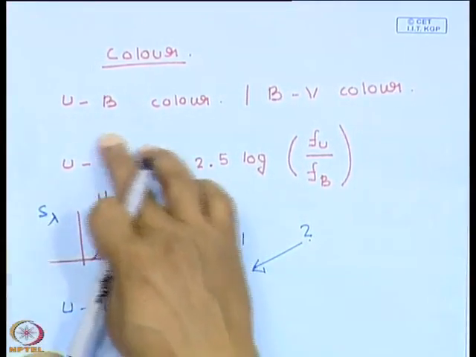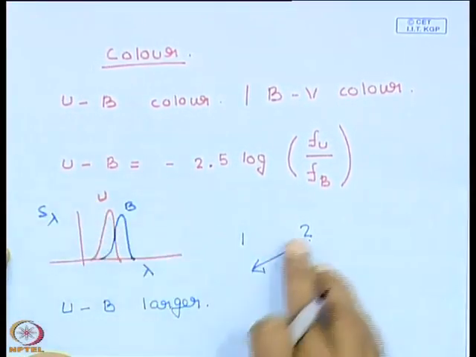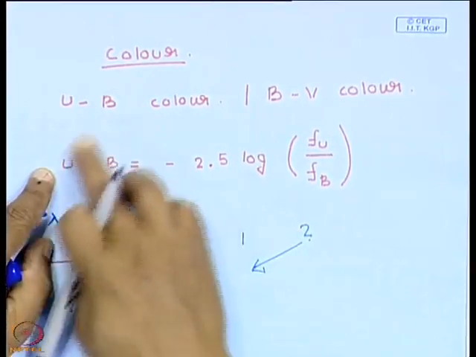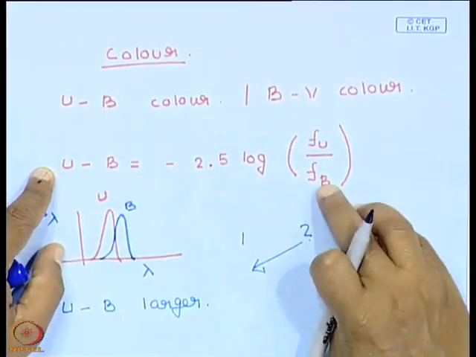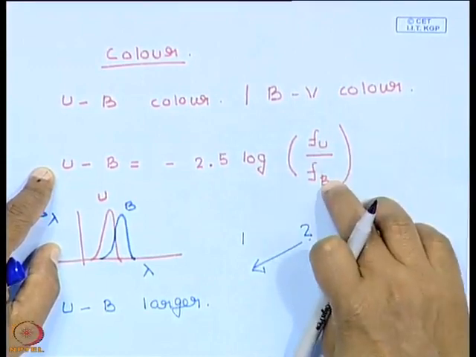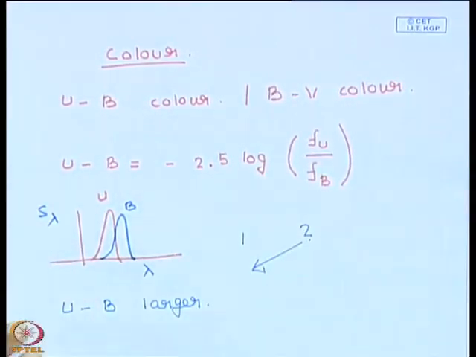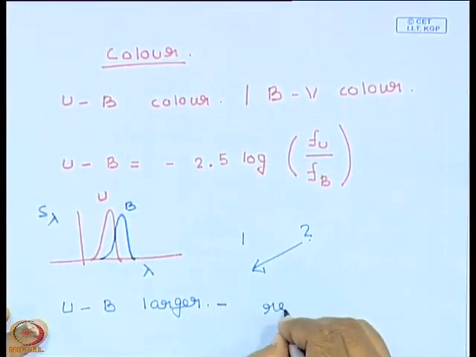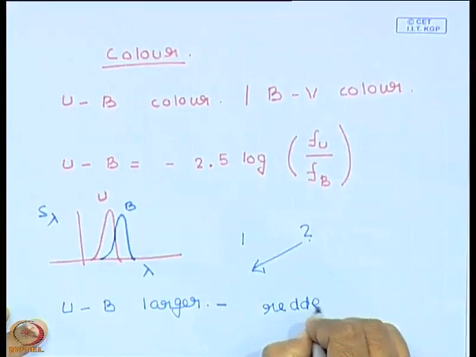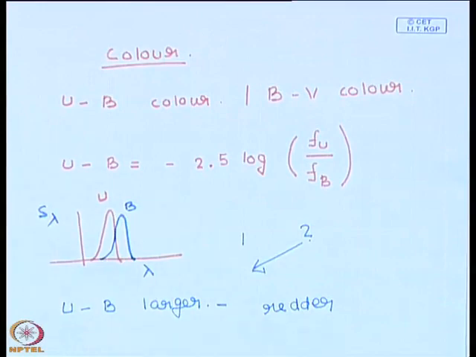For the second source this ratio is smaller, the blue has more flux than the ultraviolet. So this implies that source 2 is redder, since it has more of the larger wavelength component, which is what we refer to as redder.